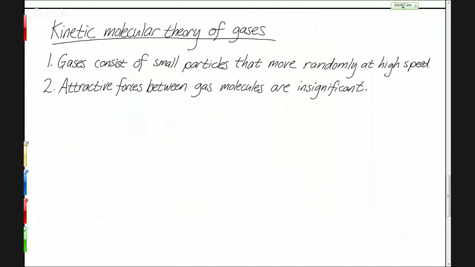So for gas, we talked about intermolecular forces in liquids and in solids, and these forces that kind of hold molecules together. And we're saying that in gases, those forces don't matter. Because the molecules are going so fast and they're so far apart from each other, we don't have to care about the attractive forces. So there are no attractive forces. Now that's not entirely true, but it's a reasonable assumption that will explain most of what we see. In certain circumstances, that breaks down a little bit, but for our purposes, that works out nicely.